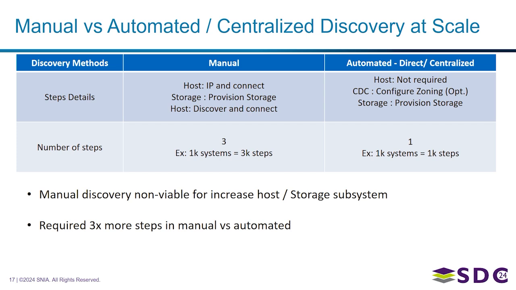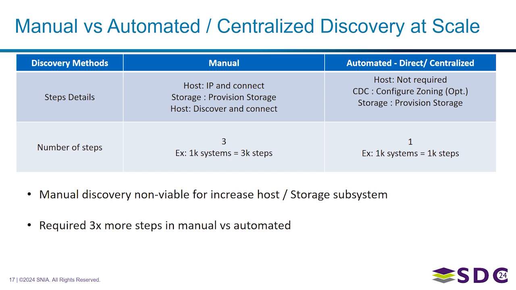So now, since we talked about manual versus automated discovery, in the automated discovery we did talk about DDC and CDC. In the very first diagram, we saw that there are 3 steps involved on the host and storage side: you need to have the IP connection, provision storage, and discovery and connect, right? Versus automated discovery, just one step, which is storage provisioning.